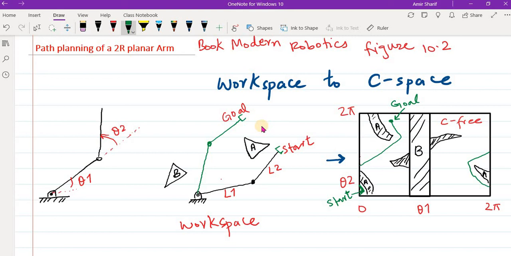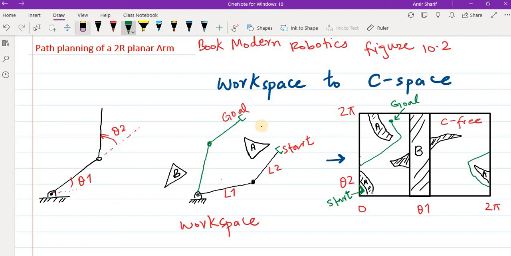But in the C space, it's all about angles. The angle first, theta1 will decrease, it goes down, and theta2 will increase, and then theta1 will keep decreasing, and theta2 will keep increasing. So theta2 is always increasing, okay, as you have noticed here.